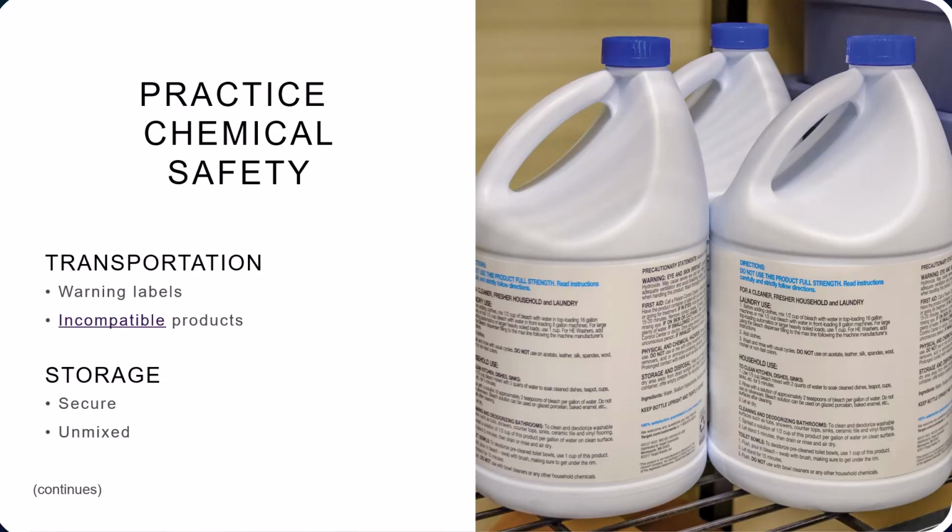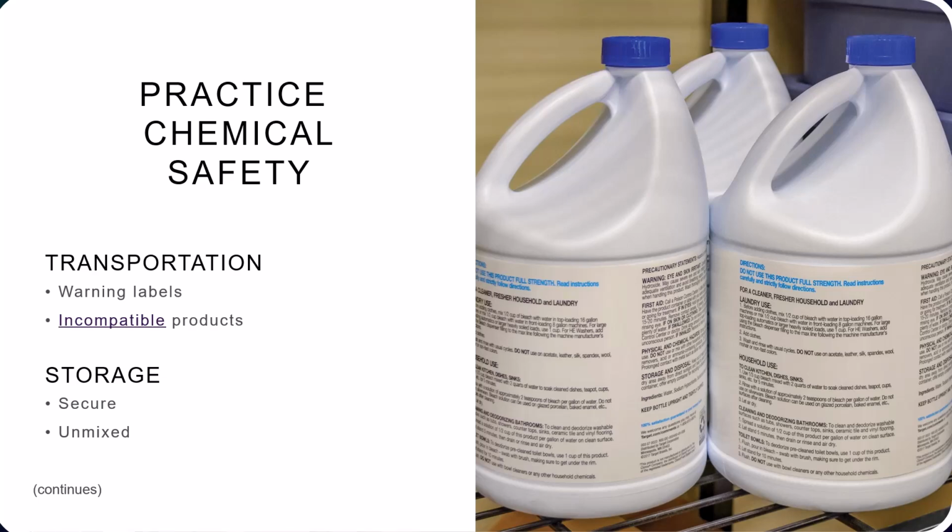Products that are incompatible should not be mixed or even stored near each other. For example, ammonia and bleach should definitely not be anywhere near each other. All chemicals should be transported upright and in their original containers, and partially used containers should not be transported at all.